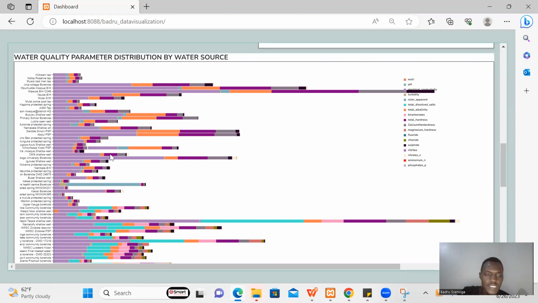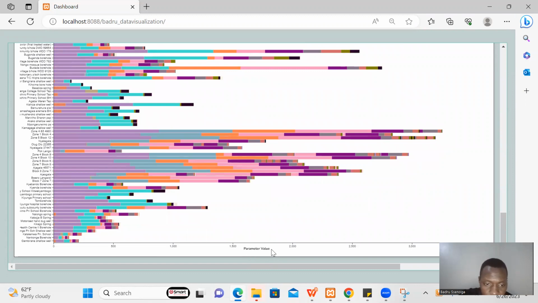At the bottom here, there is a parameter value. I did not restrict it in any way. It goes from 0 up to 500. In case there is more information to be collected, we can always capture it from 0 up to 3,000, even more.